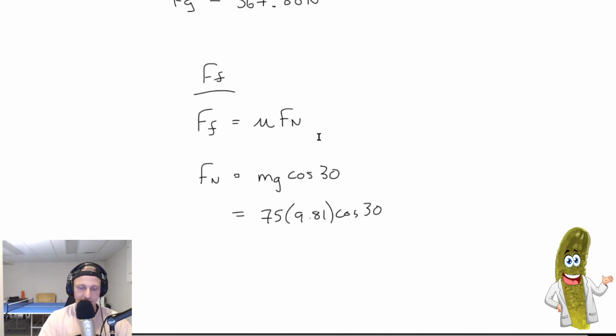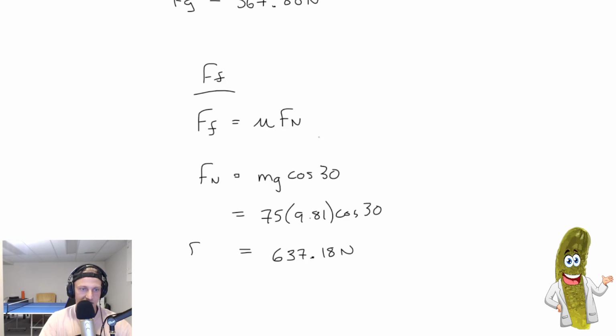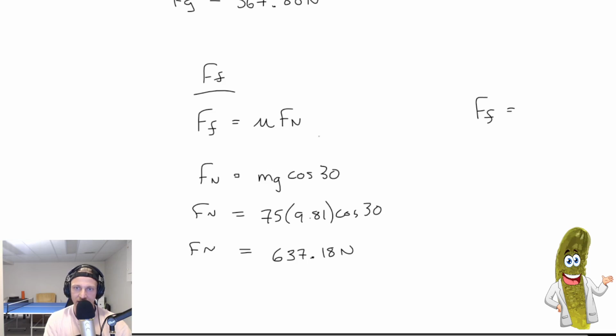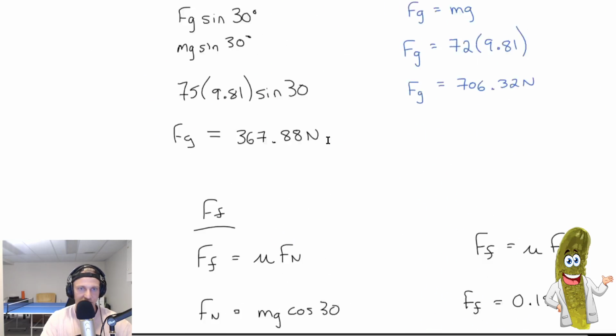So 75 times 9.81, cos of 30, gives us a normal force of 637.18 newtons. Okay, so that's our normal force. Now that we have the normal force, now we can actually figure out the force of friction. So force of friction is equal to mu Fn. Force of friction is equal to 0.15, which I believe is our coefficient. 0.20, sorry.